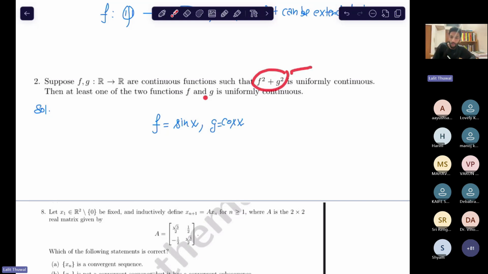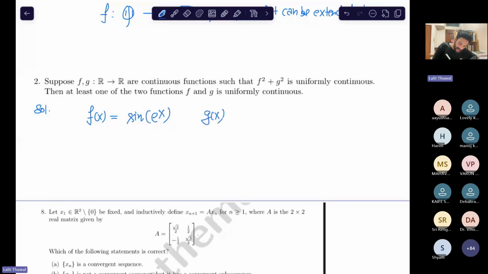So we try to make some adjustment so that it works after modifying. I define f(x) equal to sine of e to the power x and g(x) equal to cos of e to the power x. So you see here f square plus g square equal to 1, right? Everyone can see it?